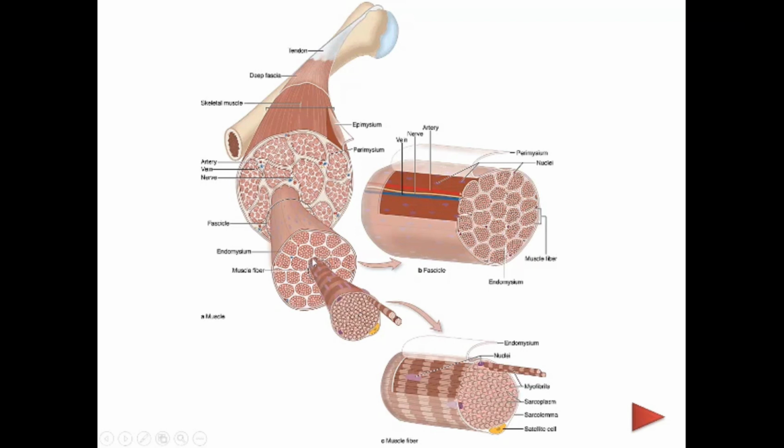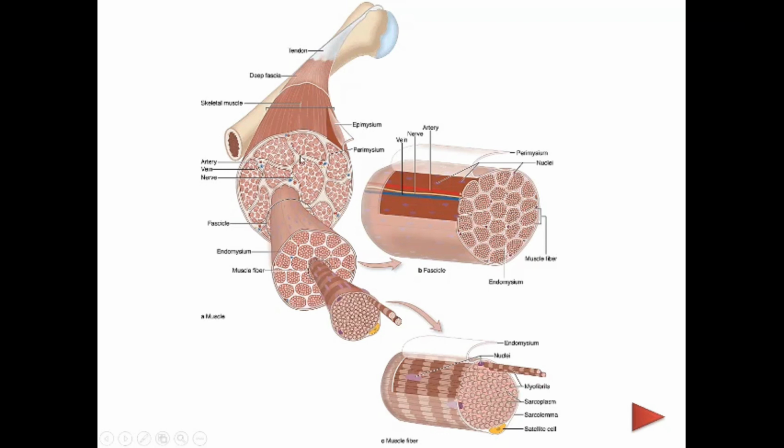Muscle fibers within the muscle create muscle fascicles, and the connective tissue surrounding each muscle fascicle is called perimysium, and the entire muscle is surrounded by a connective tissue called epimysium.